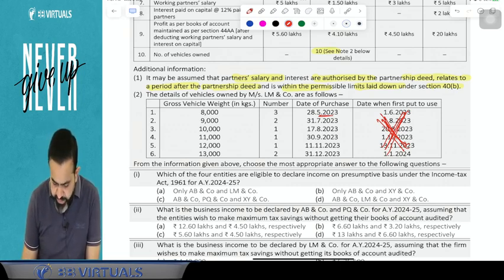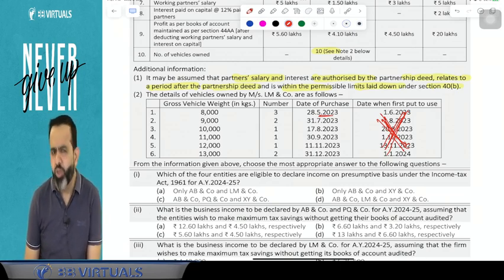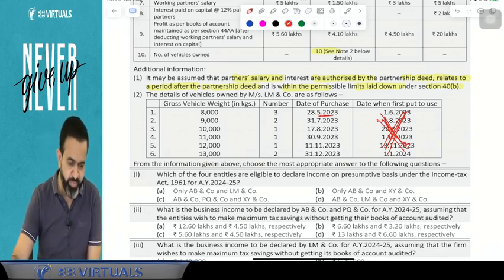So can I say that only the last 2 vehicles are heavy vehicles? Heavy vehicle means gross vehicle weight of 12 ton or more. Just tell me.